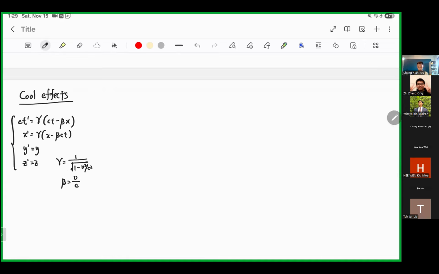So we'll be using the Lorentz transformation that we have derived to get these cool time dilation and length contraction effects. Okay, so let's get started. I'm just going to make a table here. Okay, let's talk about time dilation.